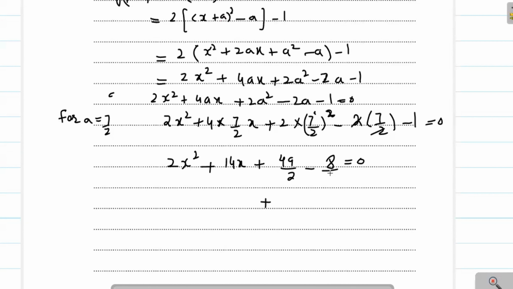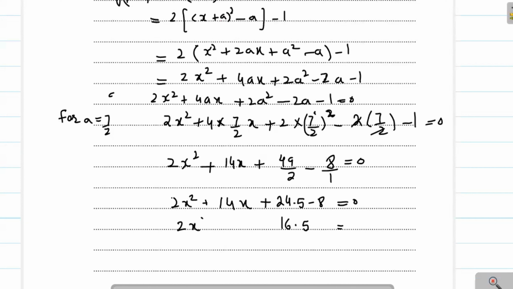Now we simplify this: 49 over 2 minus 8 is 24.5 minus 8, which is 16.5.